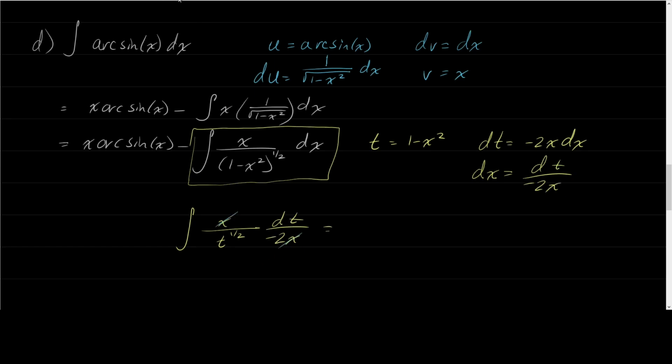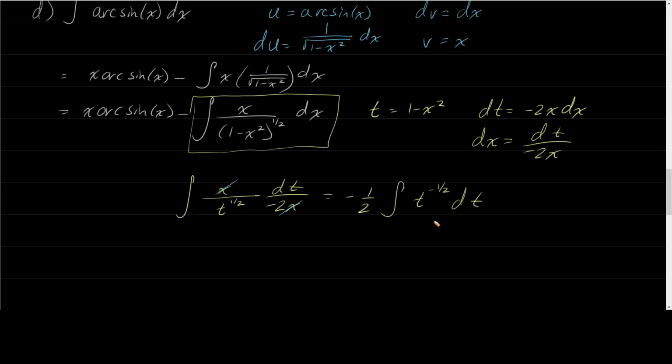They go away. And this integral becomes negative 1/2 times the integral. So hold on, let me rewrite this in yellow. Negative 1/2 times the integral of t to the negative 1/2 dt, right? All I did there was rewrite the t to the 1/2 with a negative exponent on the numerator.